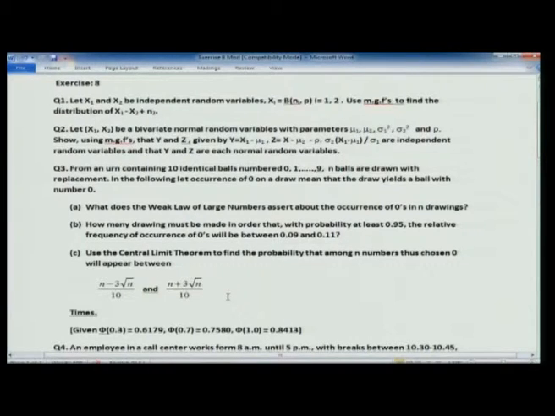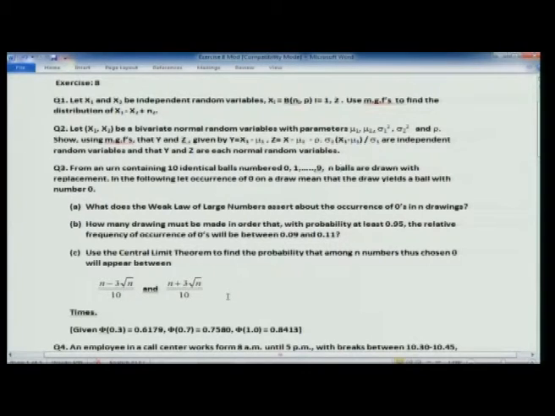Because when you consider n2 minus X2, if X2 has r successes, then n2 minus X2 will have n2 minus r successes. So, the successes of X2 would be failures here, and therefore the probability for a failure is 1 minus p. So, once you recognize that you can write this as X1 plus n2 minus X2, then n2 minus X2 is binomial n2 and 1 minus p.